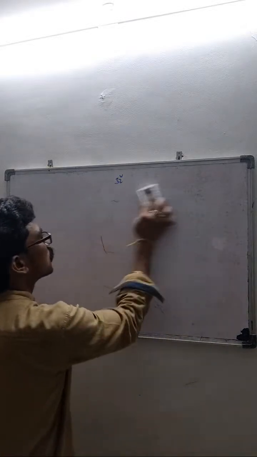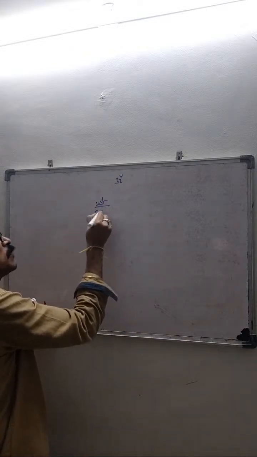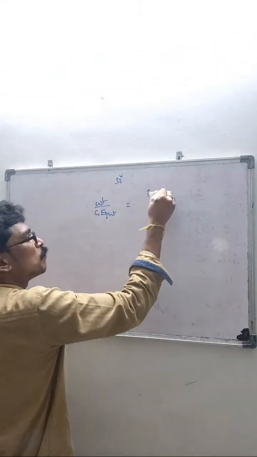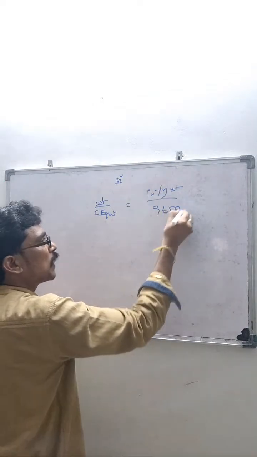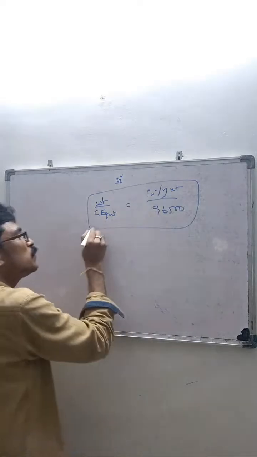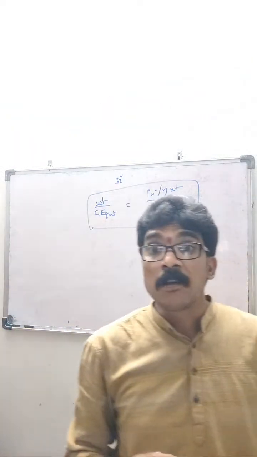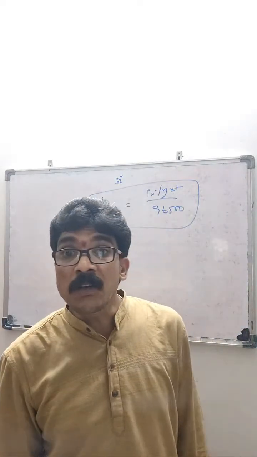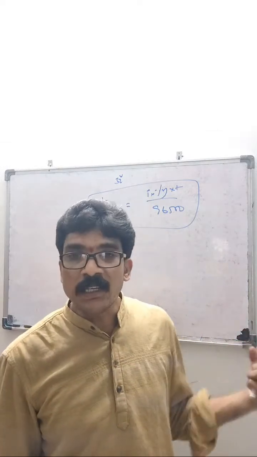Weight by gram equivalent weight is equal to I into percentage of efficiency into time by 96,500. So what is weight by gram equivalent weight as per stoichiometry? Gram equivalents. So gram equivalents is equal to I into T by 96,500.